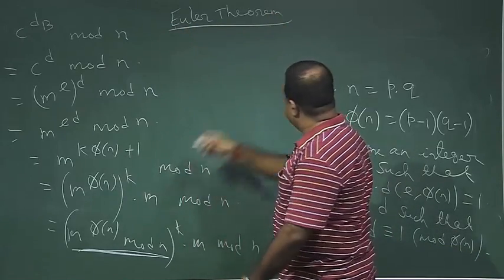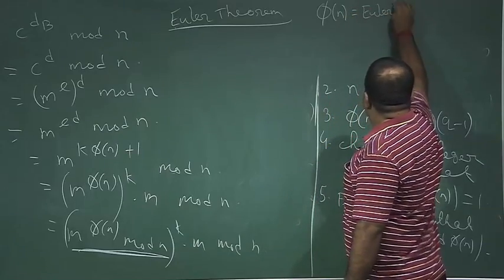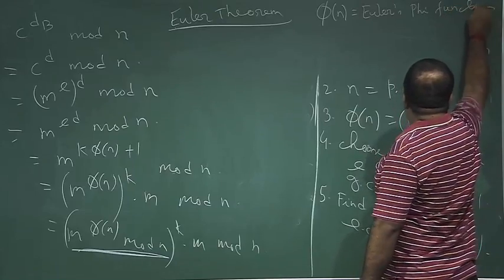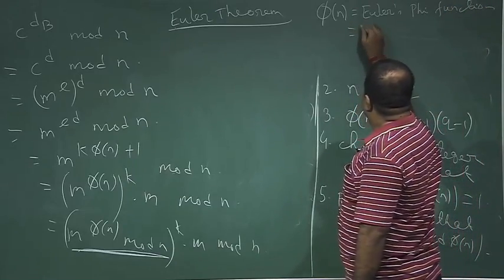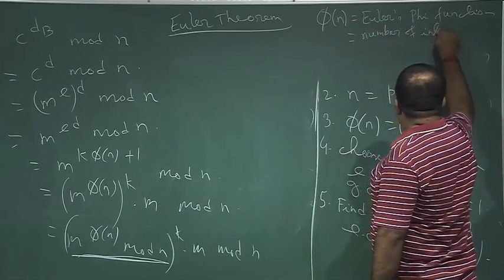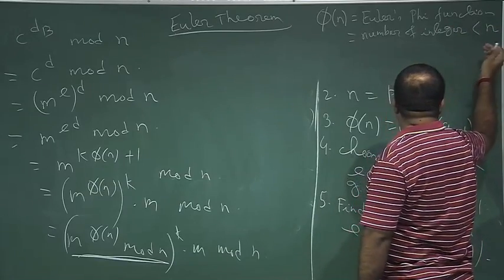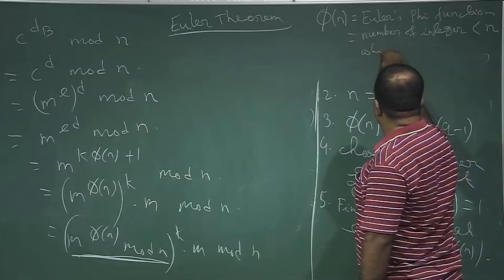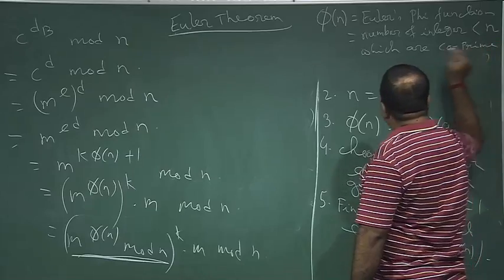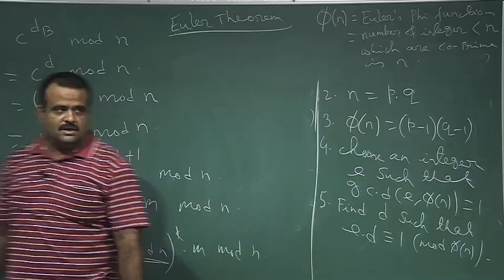Phi n is Euler's phi function, which is defined as the number of integers less than n which are co-prime to n, that means the GCD of n and that number is 1.